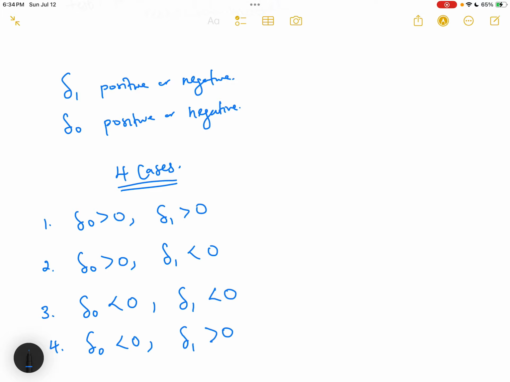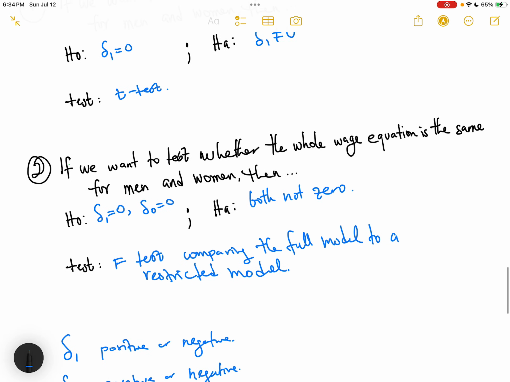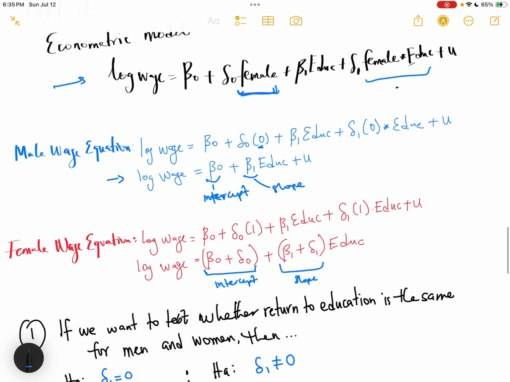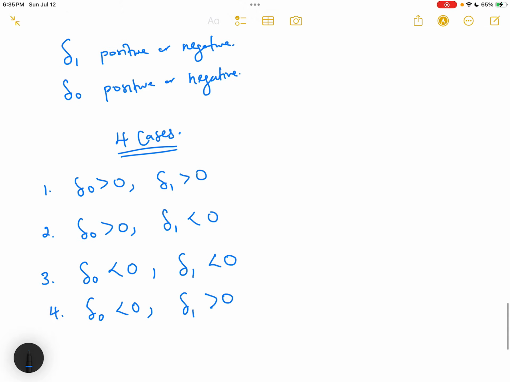Now, if delta 0 is negative, what does that mean? It means that the intercept for women, beta 0 plus delta 0, is less than the one for men. And if delta 1 is negative, then it means that the slope for women is flatter than the slope for men.